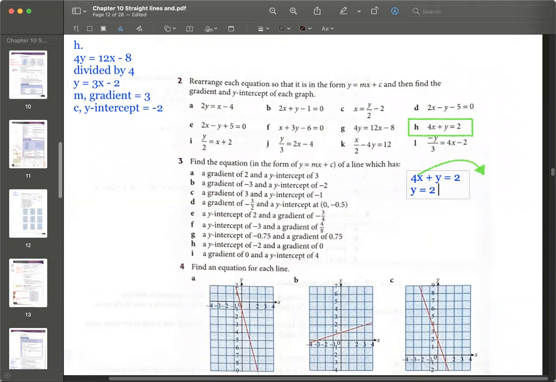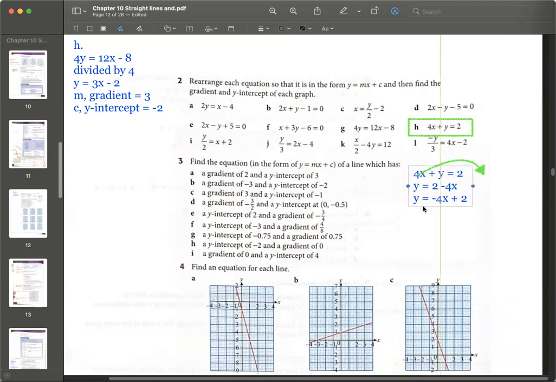Then the 4x will go to the other side. If you're writing an equation for a line, always remember you need to write y equals something x plus or minus something. So y equals negative 4x plus 2.